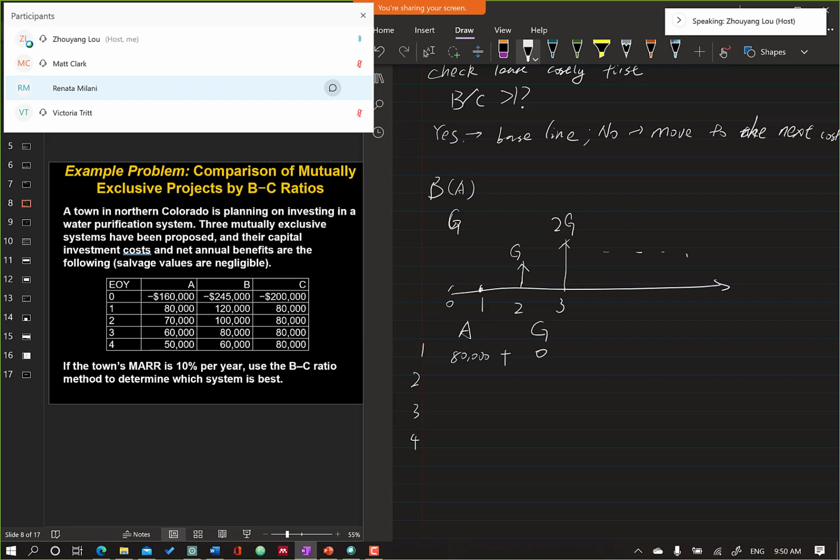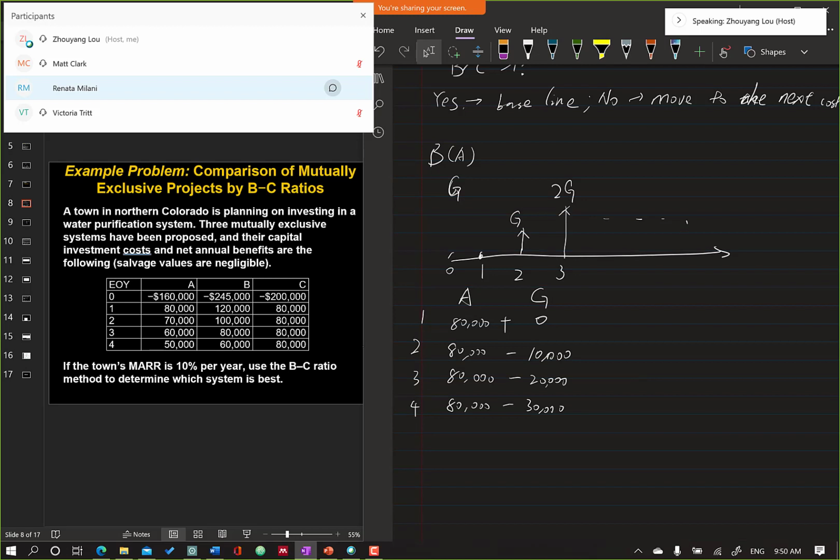For the second year, that's 80,000 minus 10,000, so you're getting 70,000. The same pattern applies to the 3rd and 4th years. That's exactly the annuity plus the uniform gradient.